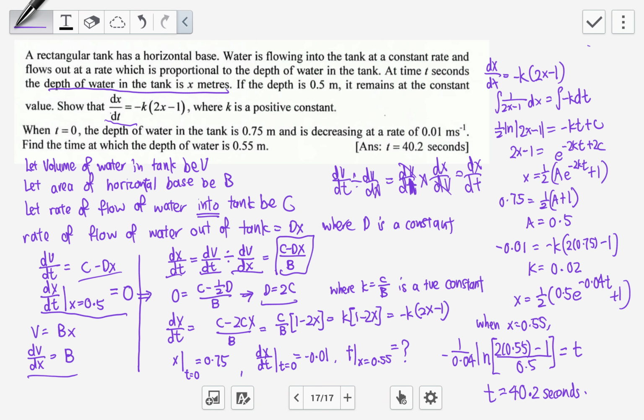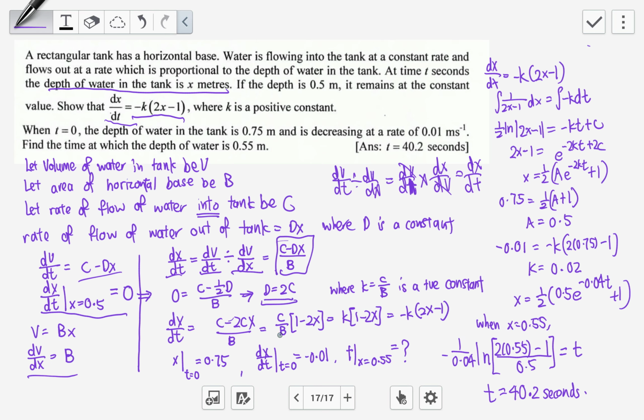So we haven't found dx/dt yet. We just know that D can be expressed in terms of 2C. So we go back to eliminate one variable from the equation. It becomes C minus D, which is 2C, times x, over B. Because we want to express it in this form, we factorize C from the numerator, and B from the denominator.